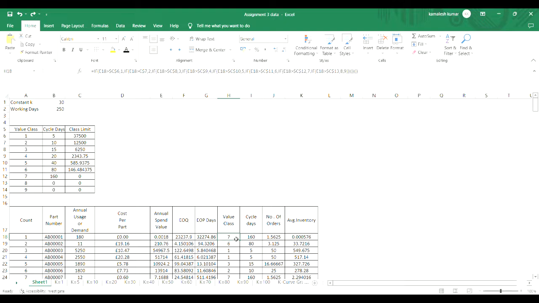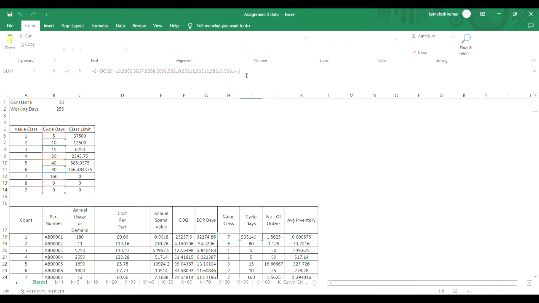Similarly for class number 1, you have to place an order after each 5 days. So every 5 days you have to place an order for the goods coming under value class 1. This is the meaning of cycle days, and it can be obtained by the formula mentioned here.